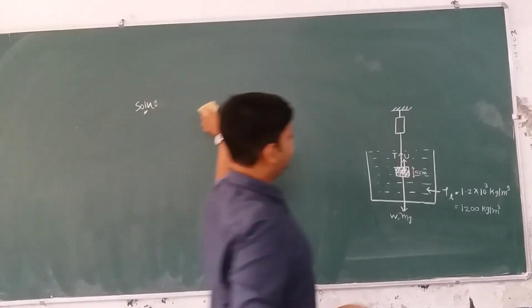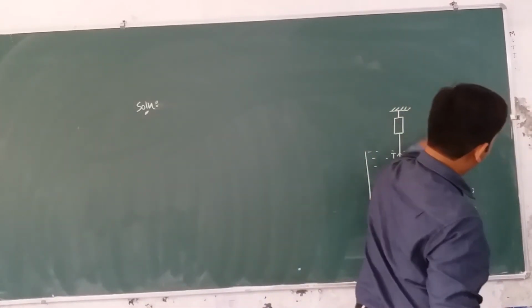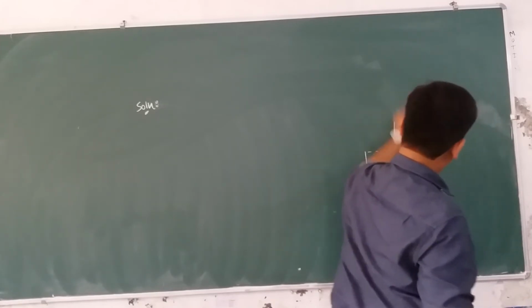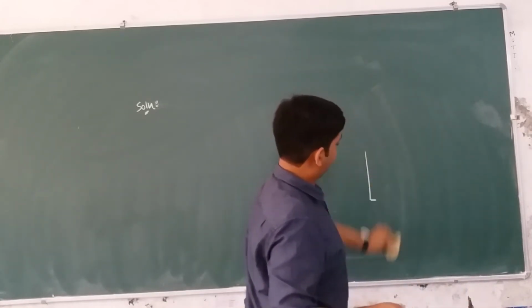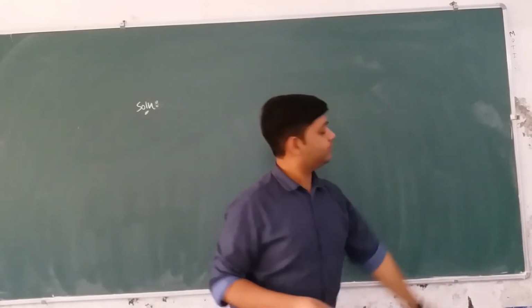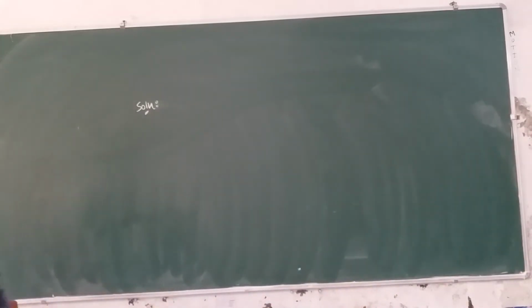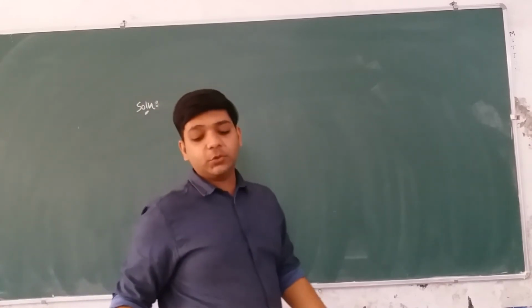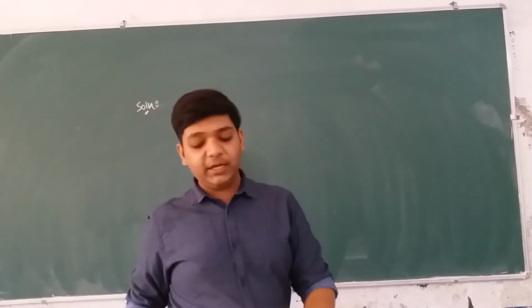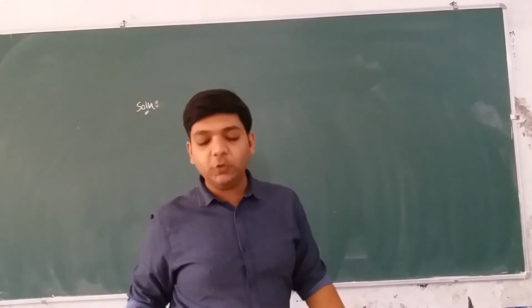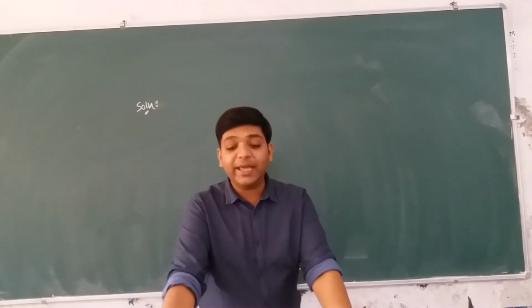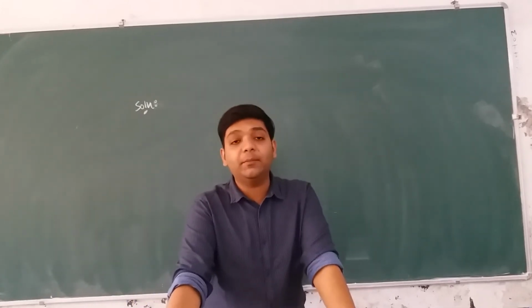Now we don't need this figure, so I'm erasing it. So the question says water flows through a horizontal pipe of varying area of cross section at the rate of 10 cubic meter per minute.